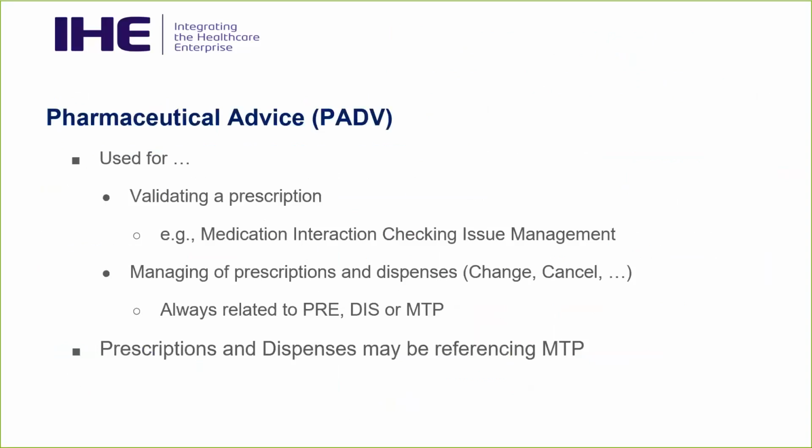As I have mentioned, the pharmaceutical advice can be a step in between the prescribing and the dispense. Now what we have placed here is the validation of the prescription. So if you do medication interaction checking, this could be a profile which is useful.